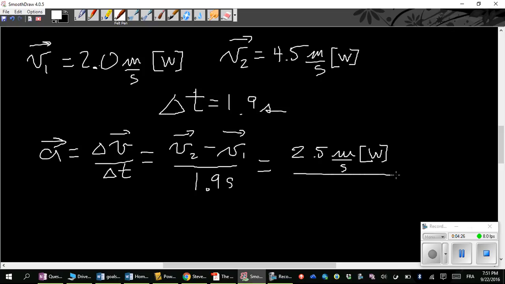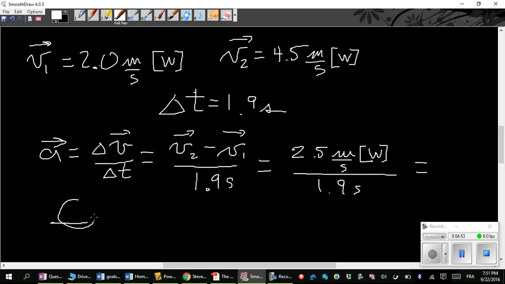And this is over 1.9 seconds. I don't have a calculator handy. My phone is there, but you guys can finish that at home or whenever. So you just calculate 2.5 divided by 1.9, and whatever that number gives, the answer goes here.